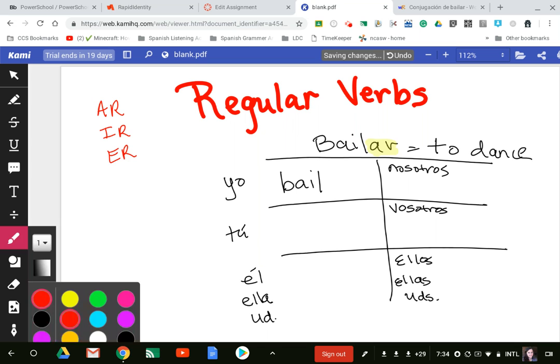So in the yo form, the ending is o. So it's yo bailo. Tú, you have that stem, and you would add the tú ending, bailas. Él or ella baila.